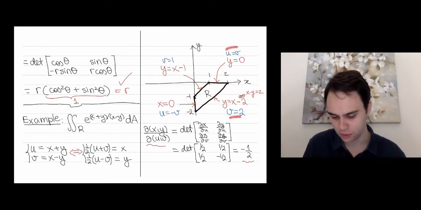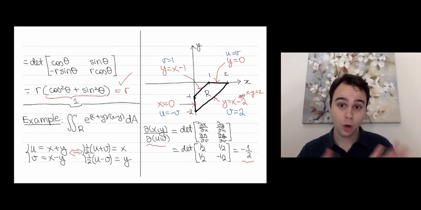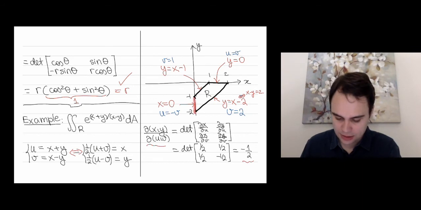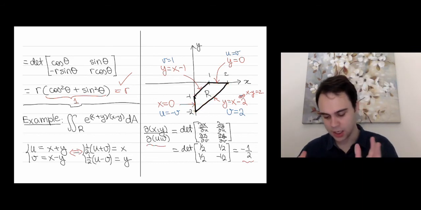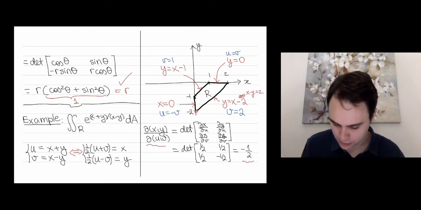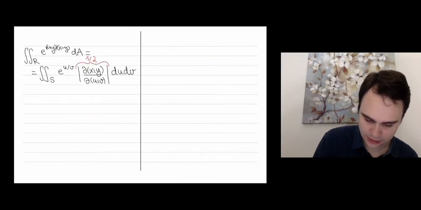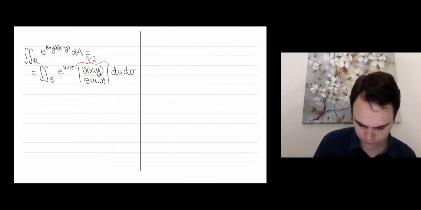Okay, so now we have equations for the sides of this region R, so we can use these equations and translate it in terms of u and v. Let's draw the curves that make up this. Let me draw these lines in the UV plane. So for example, this one over here is just v equals 2. So in the UV plane, let's draw the UV plane over here.